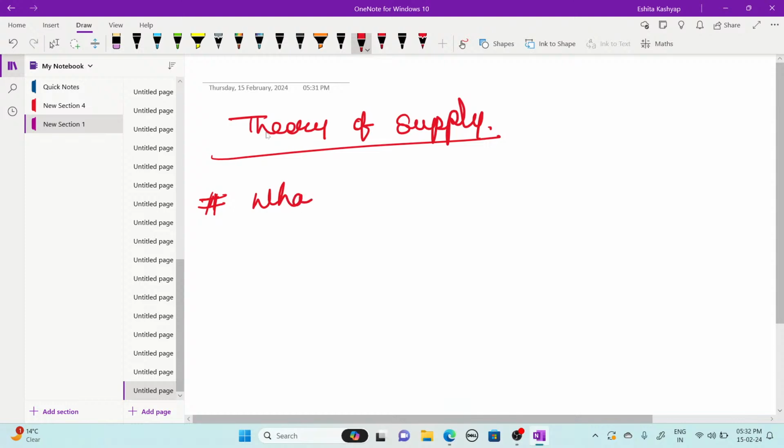What is supply? How will we define the supply concept?